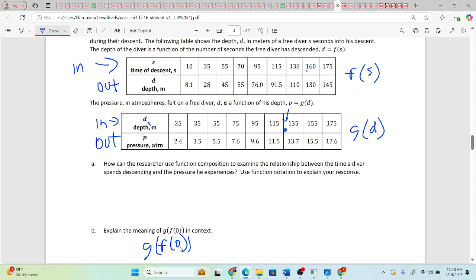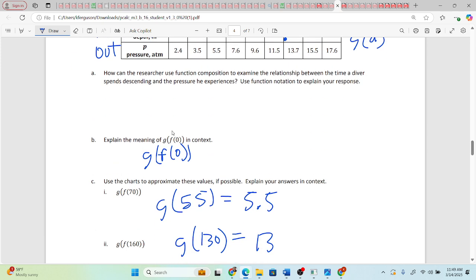What that means is: what is the pressure that the diver is under if he or she descended in the water for 0 seconds? Our chart doesn't say anything. It'd be nothing because that's no information. It's not part of our chart, but that's the meaning of that.